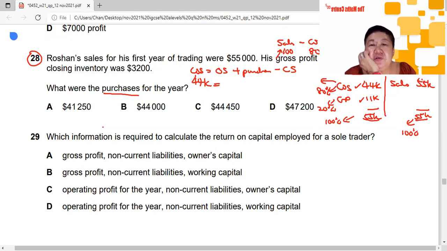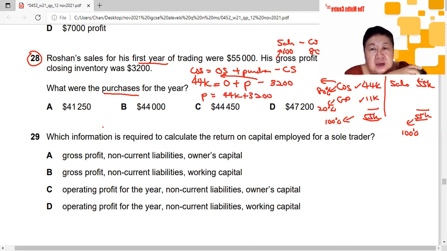The opening stock is 0, because in the first year of trading you didn't buy anything. This is the year that you start to make purchases. Your purchases, I call it P. Your closing stock is 3,200. Therefore, P by simple maths would be 44K plus 3,200. And so your answer must be D, 47,200.